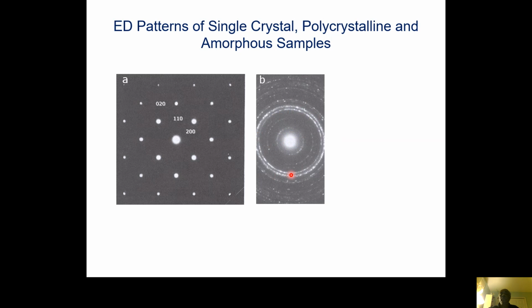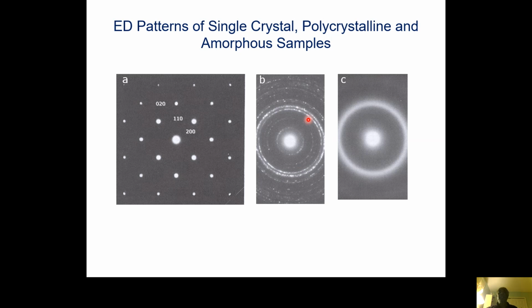Because you have reflections from every crystalline direction, you get circles of these spots. If you see something like that, we know that is a polycrystalline sample. We already talked about that at the beginning with Debye. You can see these dots are not just individual dots, but a series of dots in a given circle.